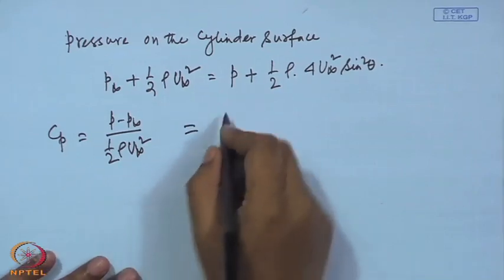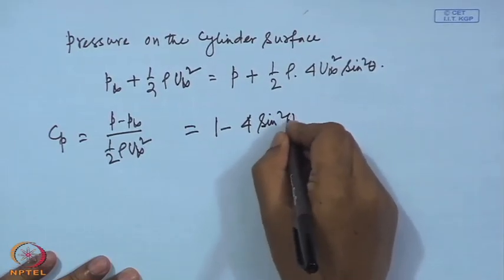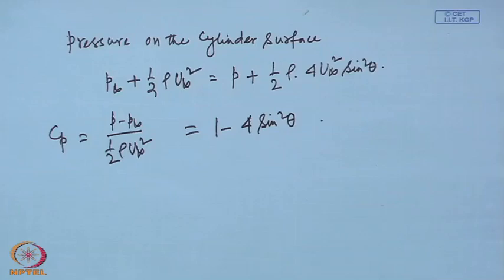1 minus 4 sin square theta. So, it is obvious that at the stagnation point the pressure coefficient is 1, because at the stagnation point P minus P infinity is half rho u infinity square.